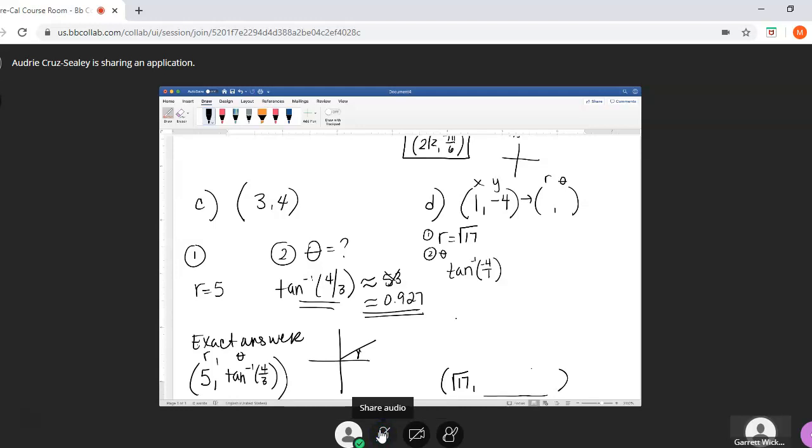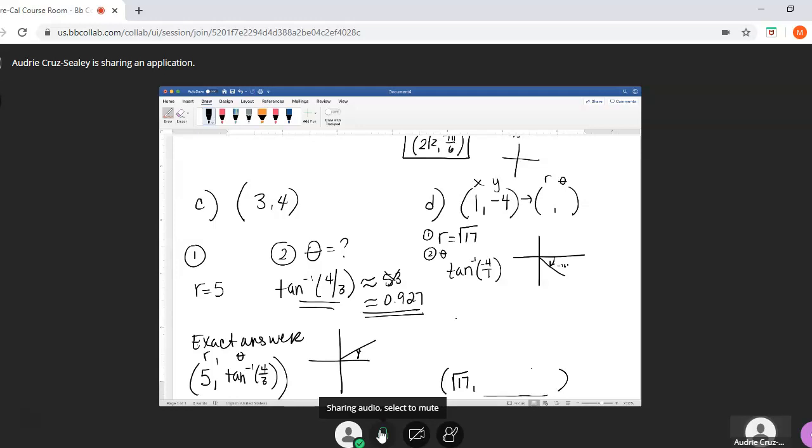Okay, so -76 degrees. If you were to do -76 degrees, what quadrant are you in? You're in quadrant 4, but you went this way.